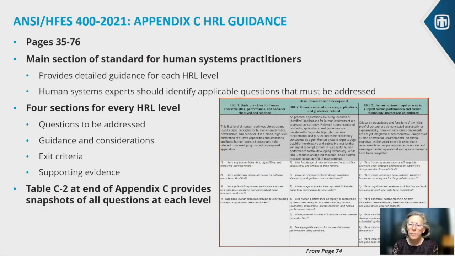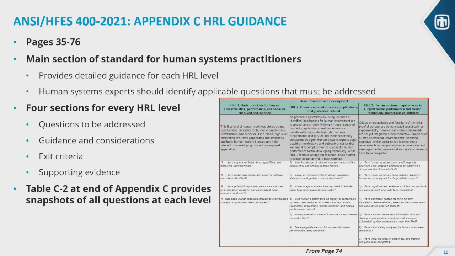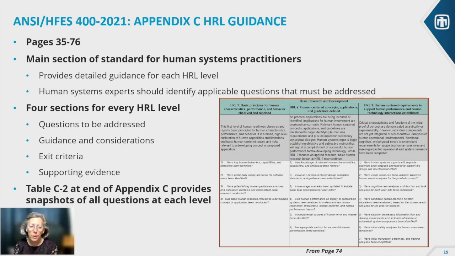So once we get to Appendix C, this is the main section for practitioners. It's got detailed guidance for each HRL level. And Pam will talk about this, I believe, in her presentation next. Human systems experts can go through and identify applicable questions that should be addressed.